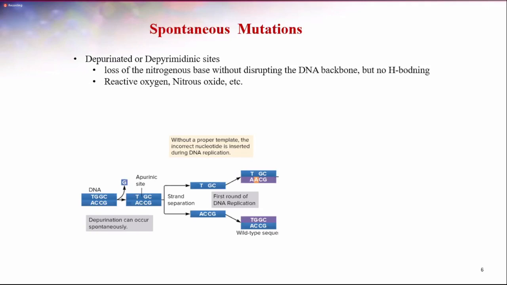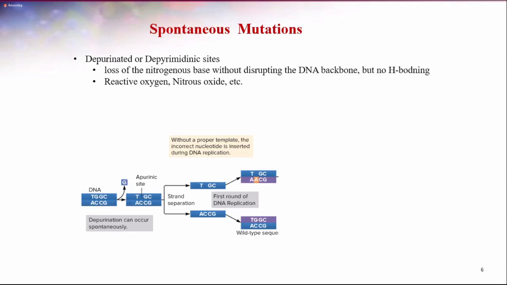So it has two choices. Either it just waits there forever, hoping that something will change and then it can complete the rest of the replication, or it just randomly inserts one base, continues to complete the replication, and relies on the proofreading mechanisms to come back and correct that.